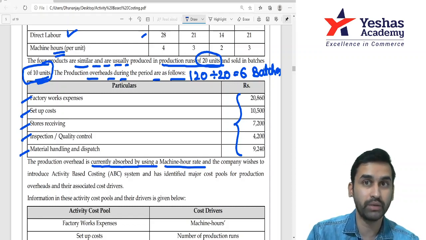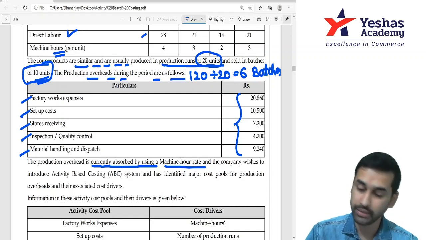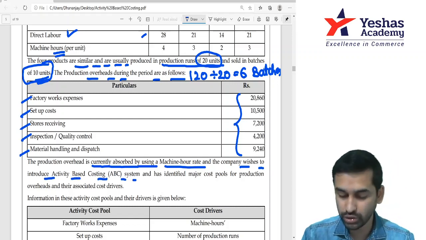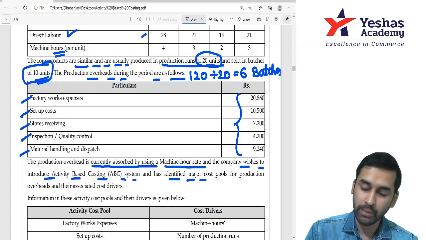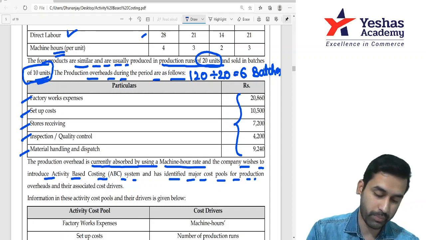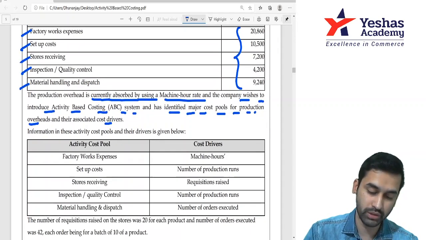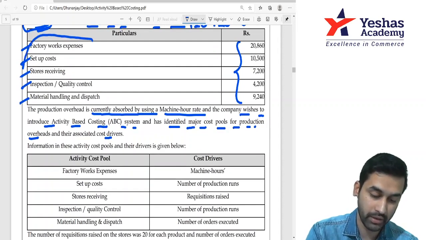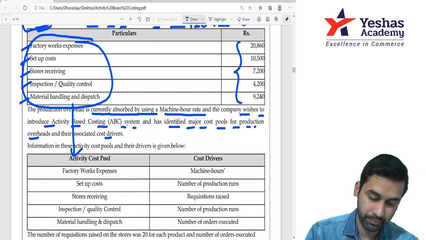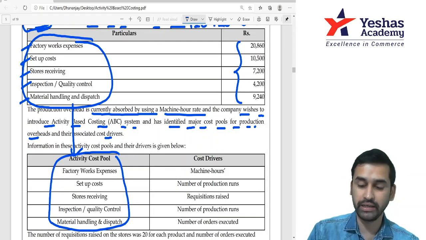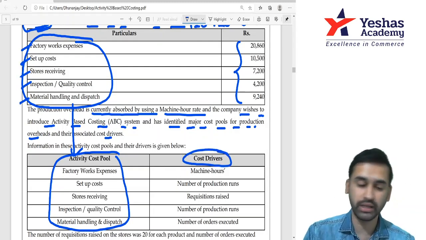The previous problem that I did was on LHR basis, right? And the company wishes to introduce ABC, good, and they have identified major cost pools for production overheads and their associated cost drivers. You see the same thing here is copied again, correct? But you have additional detail. What? Cost drivers also they gave, correct?